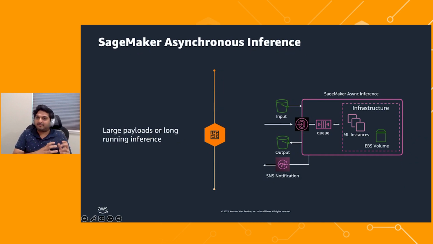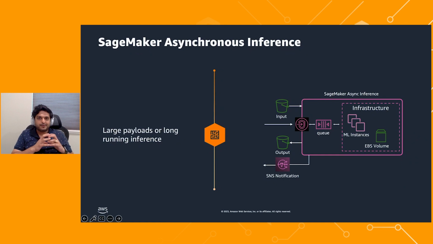So you don't want an endpoint that's always up and running. This is where SageMaker Async Inference can be very useful. When you don't have traffic coming in, you would scale down the instance to zero and only scale up when it's required. So it's a cost saving aspect as well.